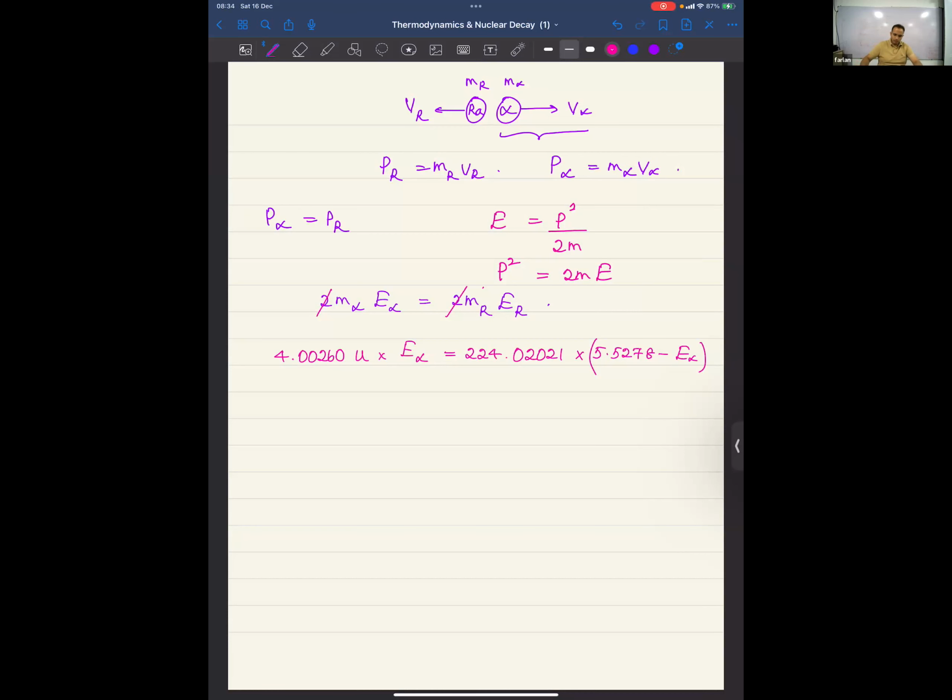Okay. So on either side, the U's will cancel off. 4.00260 E alpha equals, take off the brackets, 224.02021 multiplied by 5.5278.